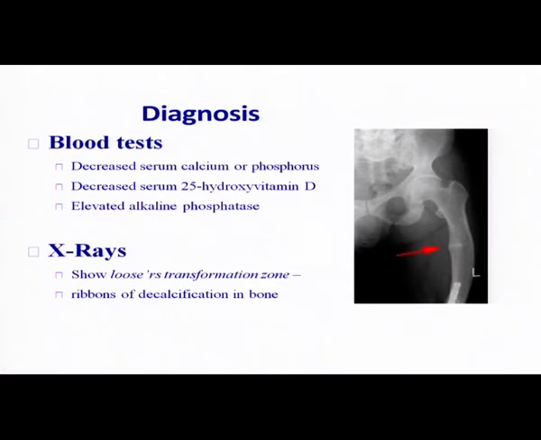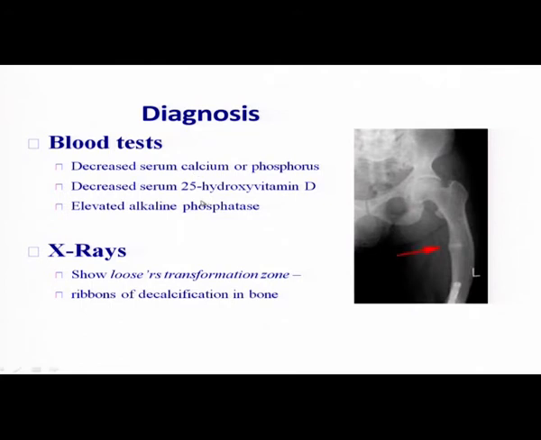So look over here, the diagnosis, as I have been telling you. You look for 25-hydroxy vitamin D, and something very interesting to note: alkaline phosphatase. What does alkaline phosphatase have to do over here? Alkaline phosphatase is a liver enzyme. It is an indication of inflammation and of liver disease conditions.